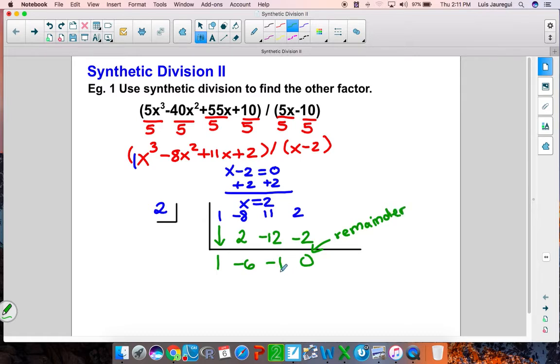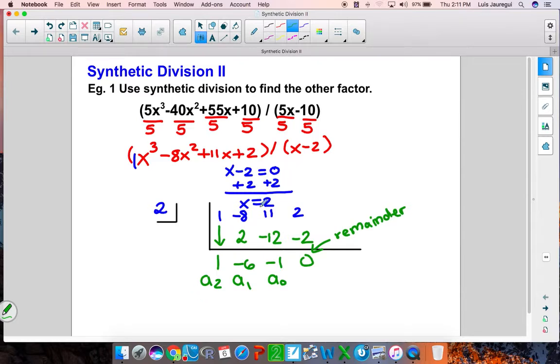This is the coefficient for the constant, or the constant itself, so that's a sub 0. That's your coefficient for your linear term, so that's a sub 1. And this is the coefficient for your actual quadratic term, so that's a sub 2, I'm sorry. Now here, we're going to rewrite our other factor as follows.